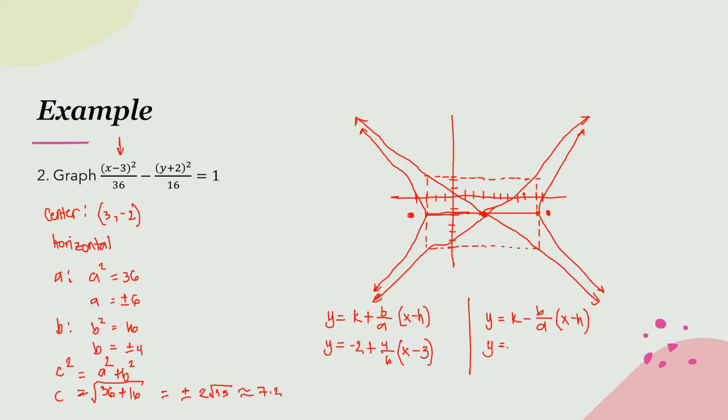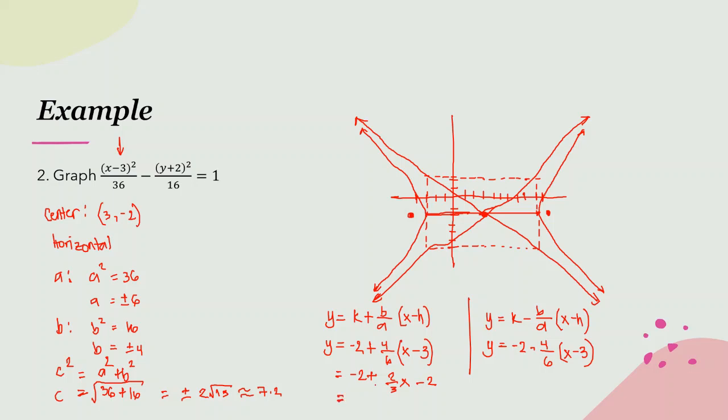Same here, y is equivalent to -2 minus 4 over 6, x minus 3. So basically, this is -2 plus 4 over 6, and to simplify, 4 over 6 is 2/3, so 2/3 of x. 4 over 6 times -3 is equivalent to -2.